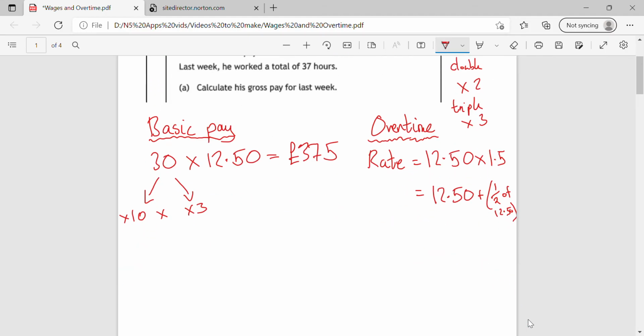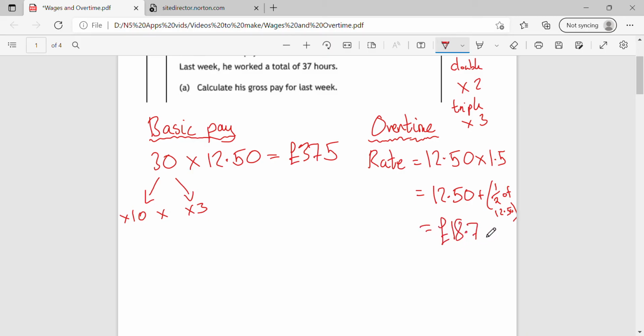This is non-calc, so we'll be doing that non-calculator. Obviously, if you had a calculator, you would just type that in. So £12.50, a half of that is £6.25, and then we add on £12.50 to £6.25, and that gives us £18.75.